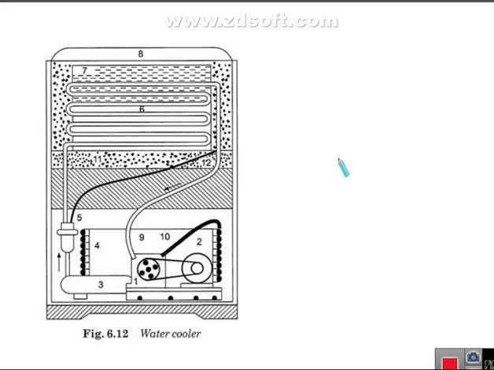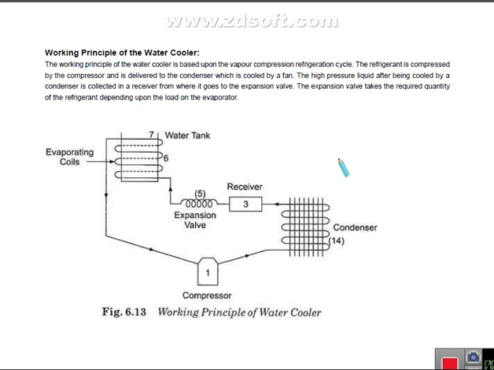Now, the working principle of a water cooler is similar to our air conditioner and the refrigerator. There is a compressor. The main purpose of the compressor is to compress the refrigerant, whatever material we are providing as a refrigerant.